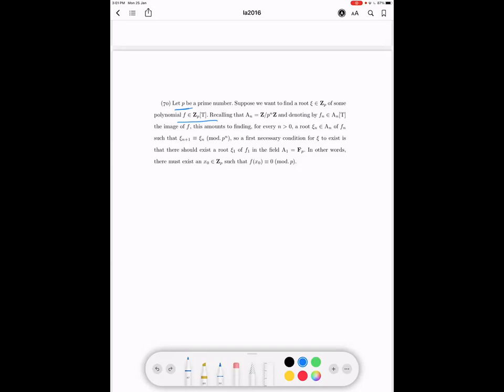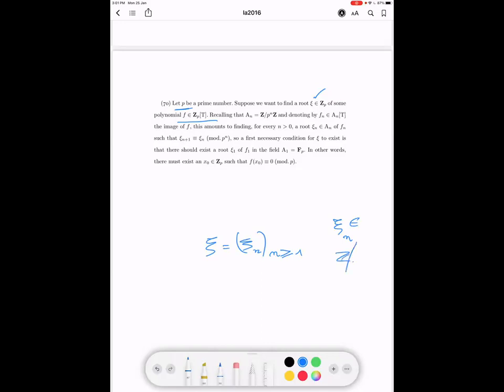Now, what does it mean for some psi to be a root of f? It means that this psi is equal to (psi n), right? And where psi n is in what?